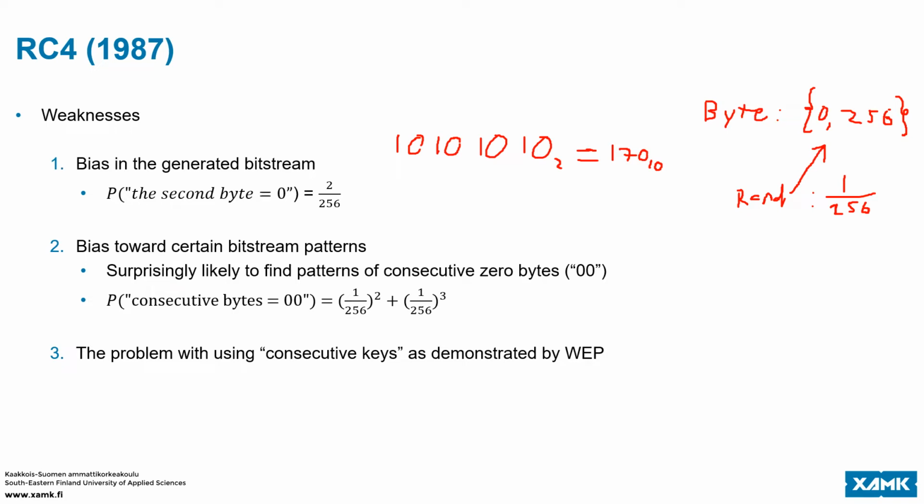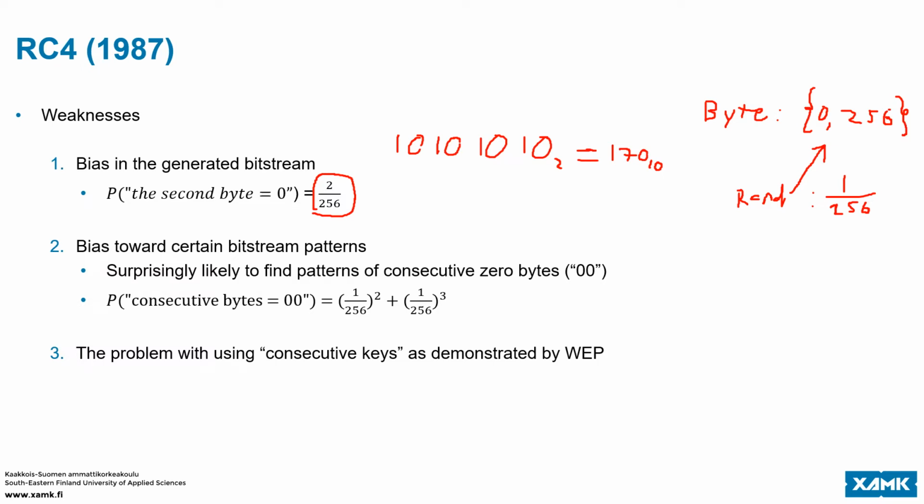In particular, the second byte that you generate with this generator is very often 0, and very often means twice out of those 256 permutations. So whereas the correct value for this probability should be 1 over 256, if you inspect the output of the pseudo-random number generator, you actually end up with 2 over 256. And this is enough to make the pseudo-random number generator insecure at times.